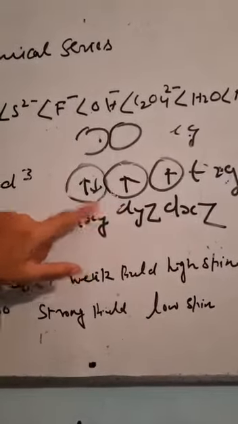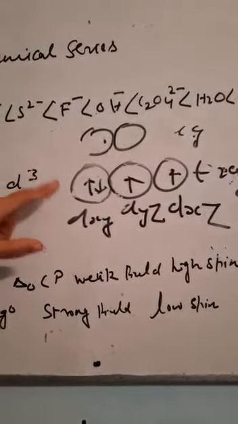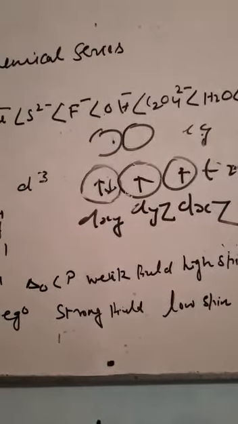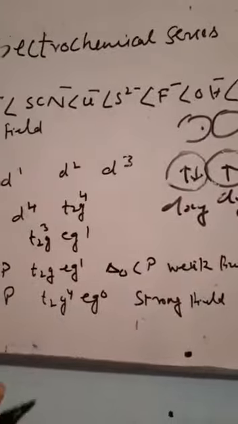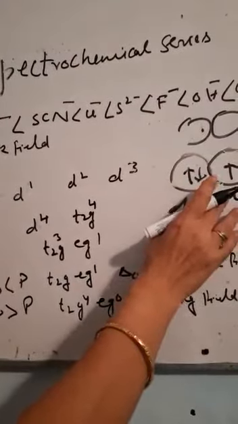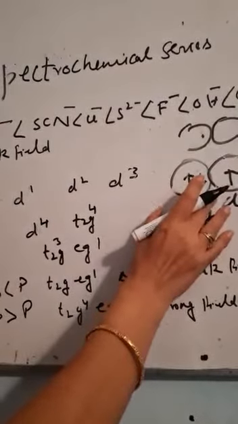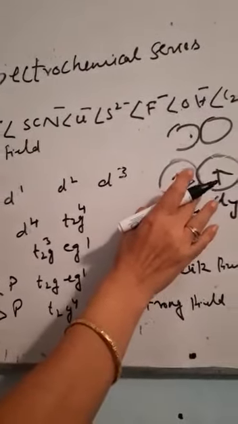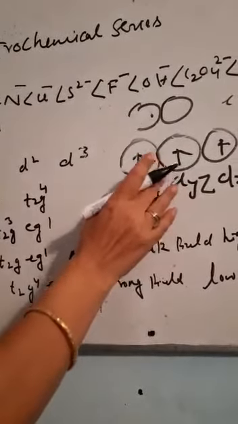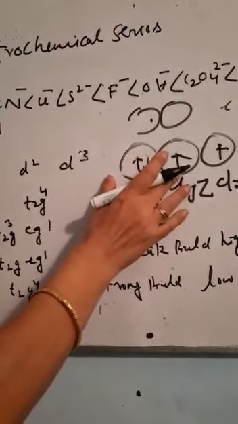Now, it will depend upon the energy for pairing. The energy for pairing is the energy which is required for the pairing of electrons. I have already told you that when this pairing takes place, there is a great repulsion that is faced by the electrons.